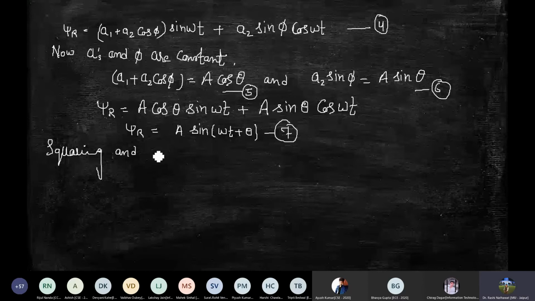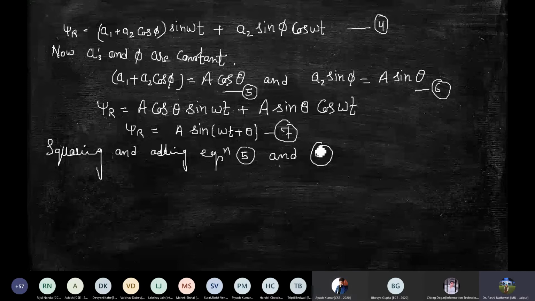Squaring and adding equations 5 and 6. Ma'am, A square is equal to A1 square plus A2 square plus 2 A1 A2 cos theta. Very good. Yes, exactly.